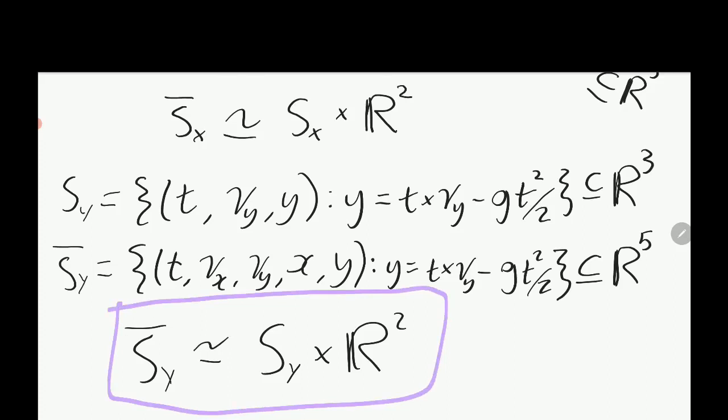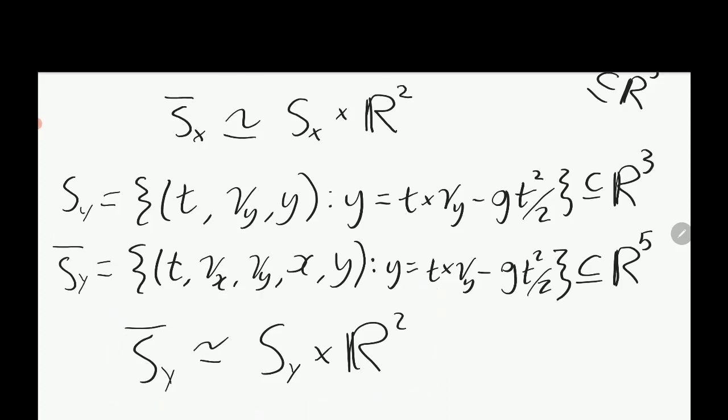Because how did we get Sy bar? Well, we really just took this kind of surface, Sy, which naturally represents our vertical movement as a surface in three-dimensional space, so as a load of triples. And we just took this collection of triples, and then for every one of these triples, we added these extra numbers, Vx and x, and they were allowed to be anything, because the only equation that we're having in this set Sy bar is just this one here about vertical motion.